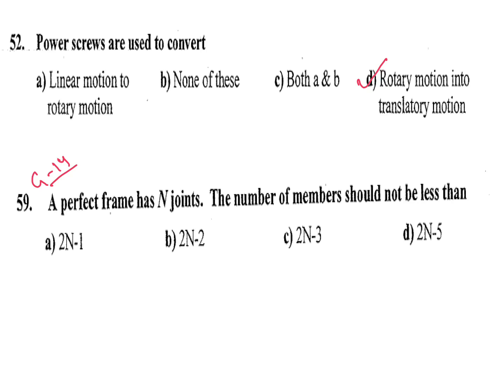The number of members is m. Number of joints is n. m equal to 2n minus 3. This is our answer. C is our answer for a perfect frame.